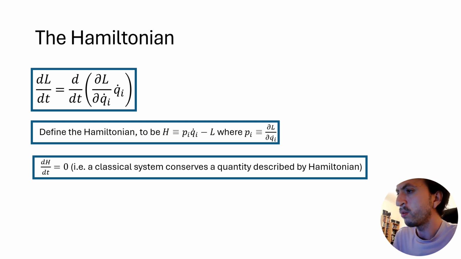So in other words, for any system where the Lagrangian is a function of generalized position and generalized velocity, which is the vast majority of classical systems, at least closed classical systems, the rate of change of the Hamiltonian is zero. So the Hamiltonian is some kind of constant of motion.